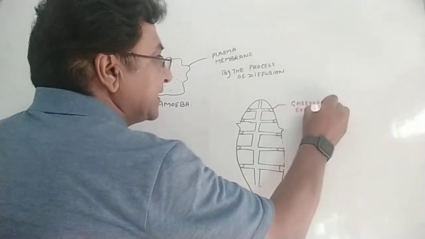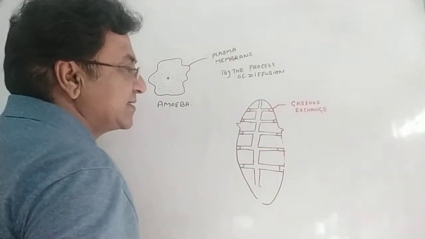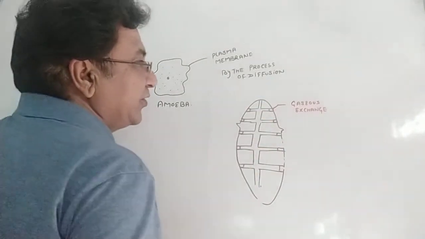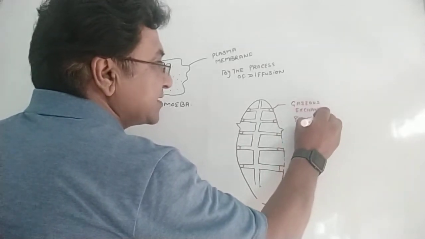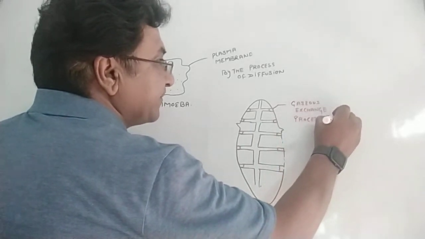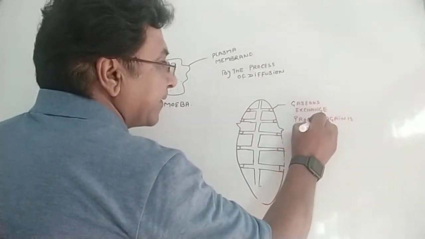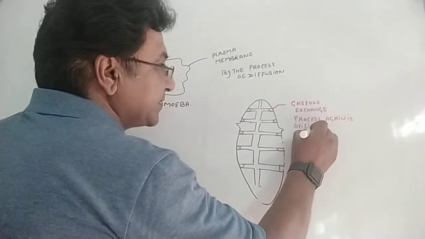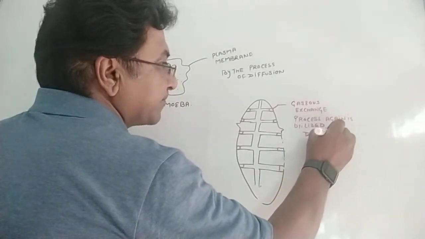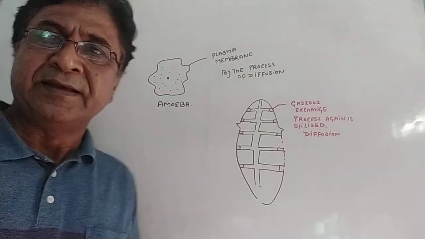So basically, gases are transported in the arthropods through the tracheal system, which is present throughout the body of the arthropod. The process utilized again is diffusion. So again, a passive kind of transportation.